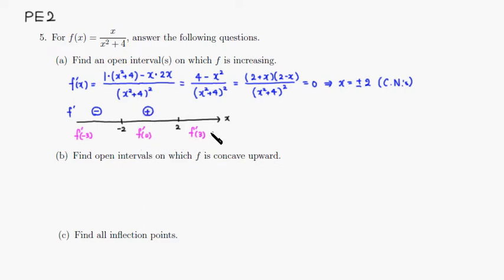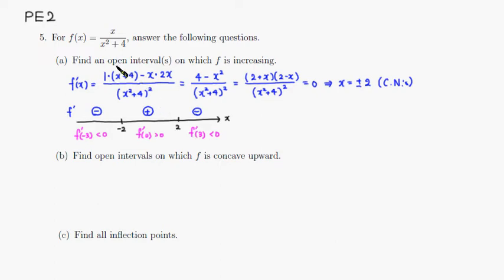If you plug in positive 3, again you get a negative value. So we have negative, positive, and negative. For an interval of increasing, the derivative must be positive, so it's going to be between negative 2 and positive 2.